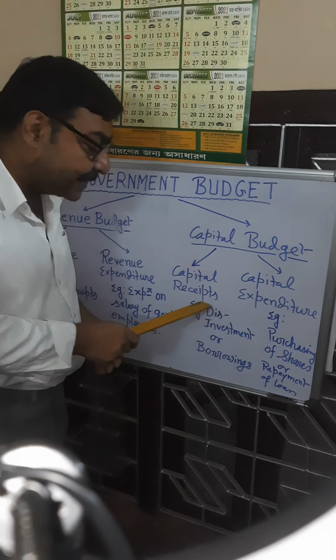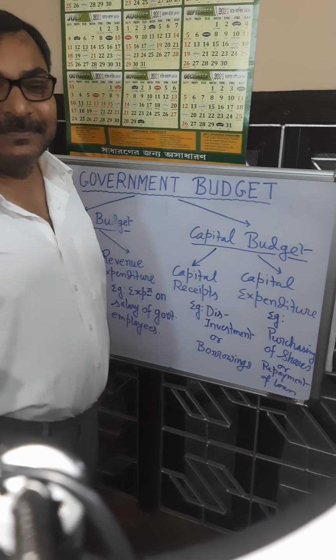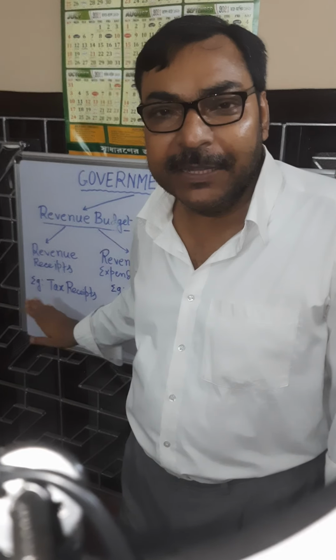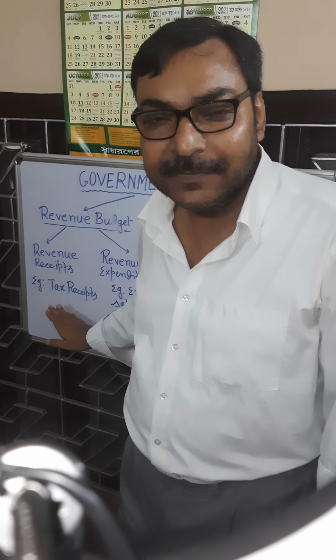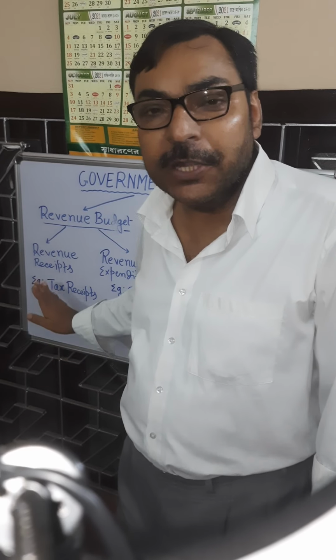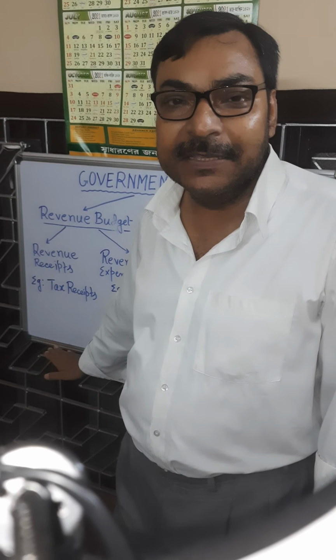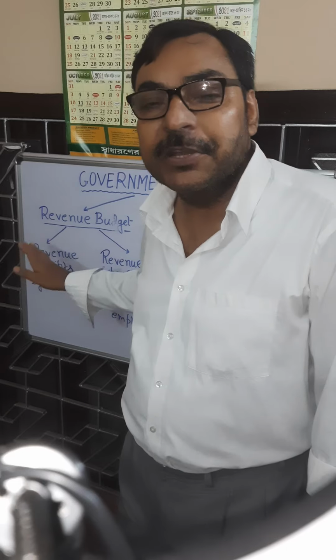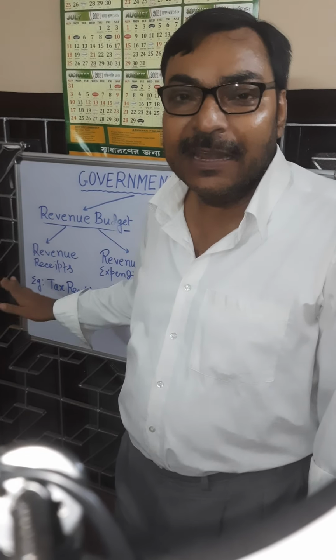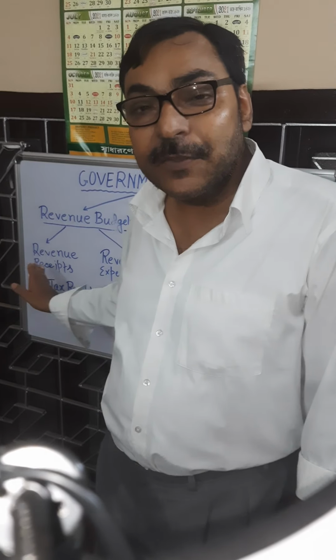But in case of tax receipts, the asset liability condition is not affected. Government income through taxes is not increasing its liability, and it is not reducing its assets. So assets are not affected, liability is not affected, so it is within the head of revenue receipts.